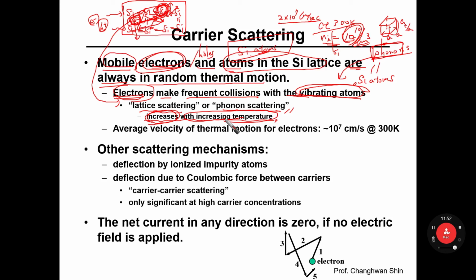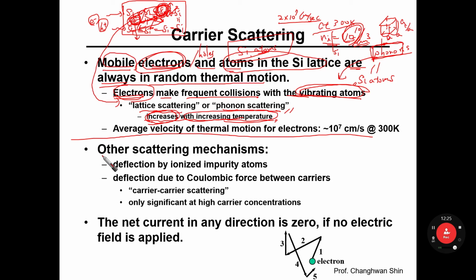Intuitively, as temperature increases, the amount of vibration of silicon atoms in the silicon material becomes higher. But at lower temperature, if the silicon material is cooled down, then less vibration can be detected and measured. So your intuition is quite correct. All right, that's all for phonon scattering. Now let's move on to the next one.